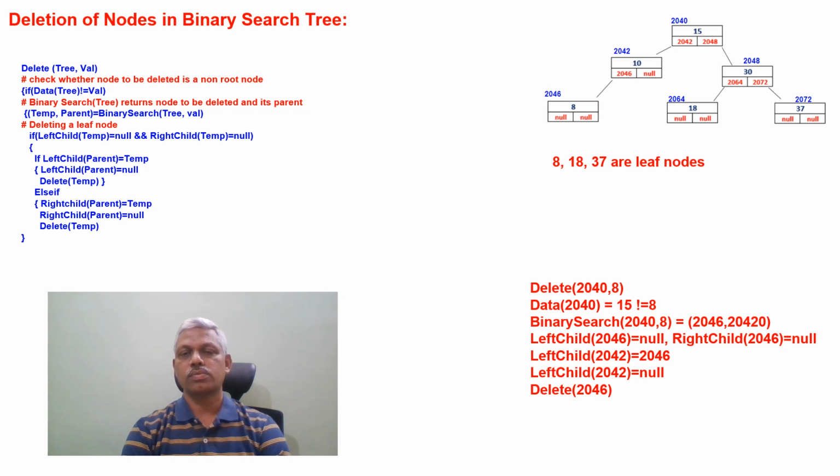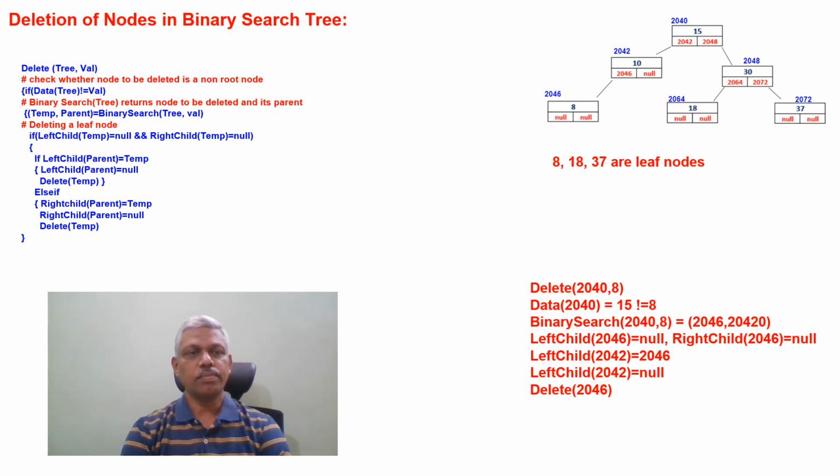Then binary search has to be run, which returns two values: temp and parent. Temp is the node which is to be deleted. 8 is present in 2046, identified as temp, and its parent 2042 is identified here.